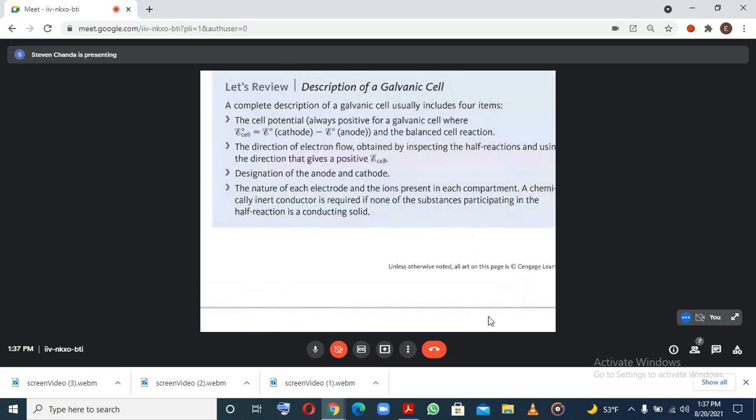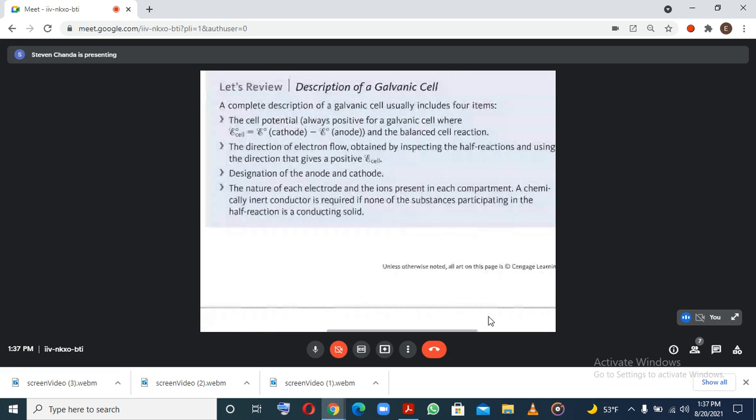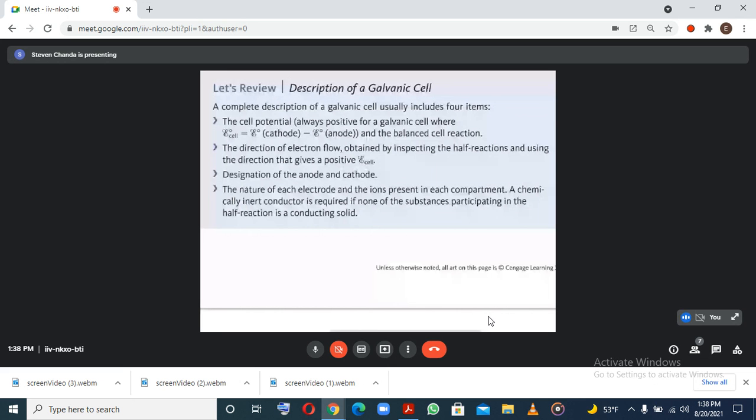Description of a galvanic cell. A complete description of a galvanic cell usually includes four items. The cell potential, always positive for a galvanic cell, which is the cathode minus the anode, and the balanced cell reaction. The direction of electron flow is obtained by inspecting the half reactions and using the direction that gives a positive E cell.